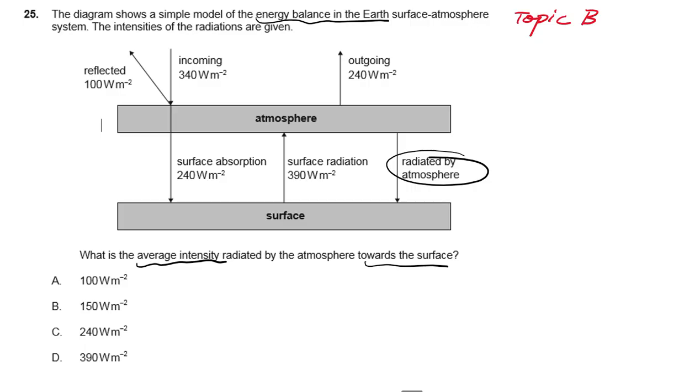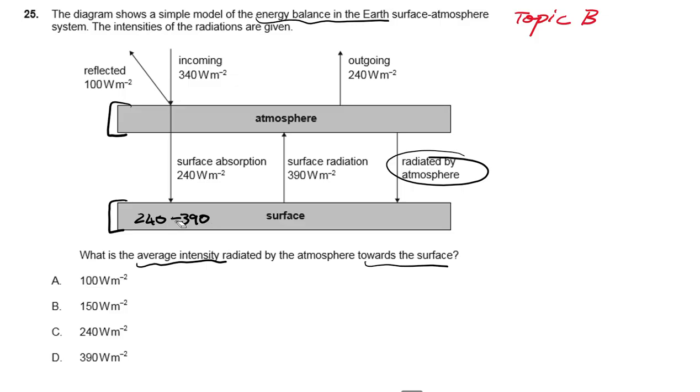What we see in these energy balance diagrams is whatever goes out of a layer goes in as well, right? So we have 240 coming in. We have 390 going out, minus 390. And we have something coming in, and we need to find out what that is.